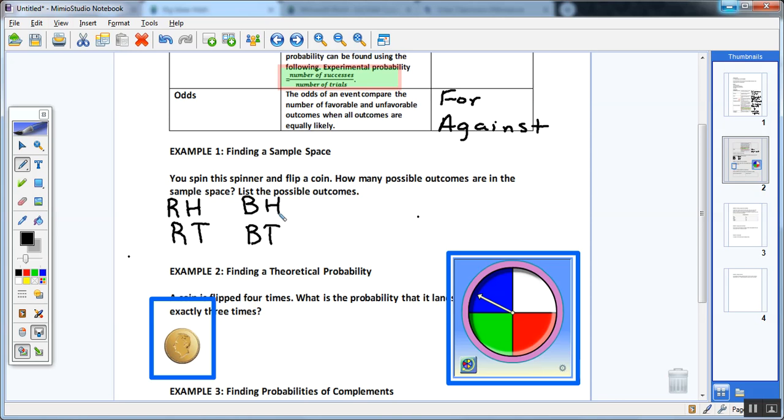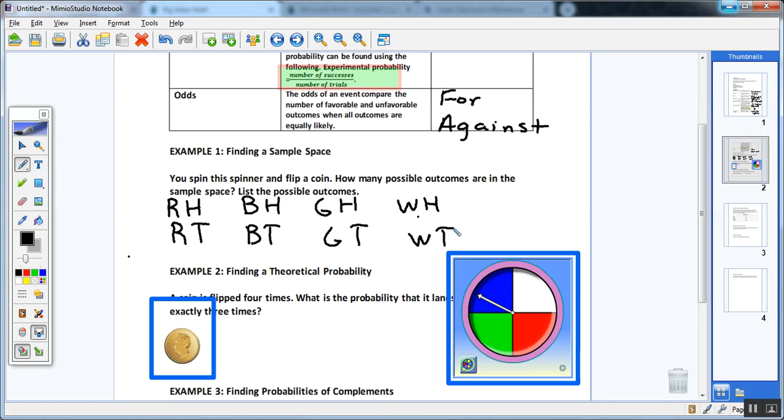What other combinations could I have? Green heads or green tails. And then what's the last possibility? White heads or white tails? White heads. That's kind of gross. All right. Or white tails.